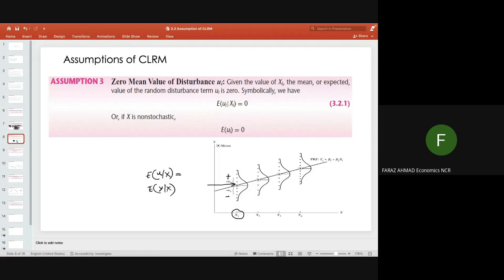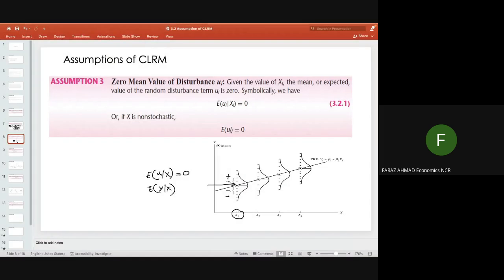It means that all the positive and negative errors cancel each other out, so that the conditional mean of errors for every given x, for this one, for this one, for this one, they are all zero.